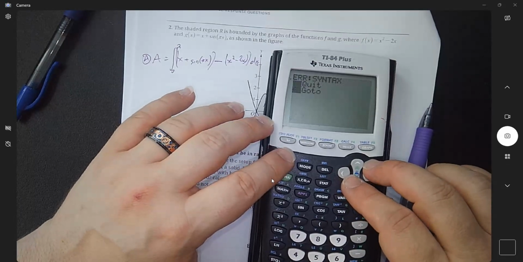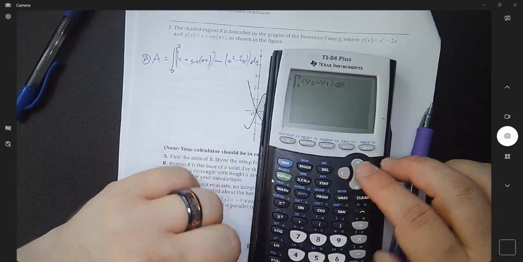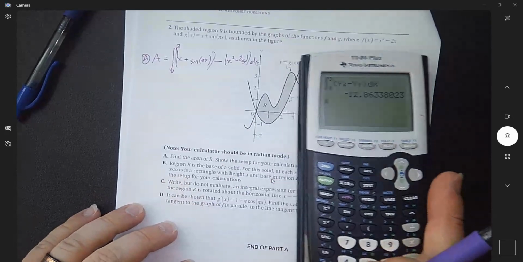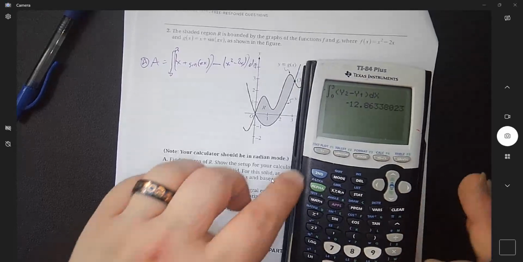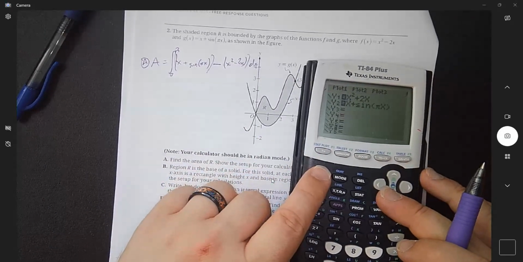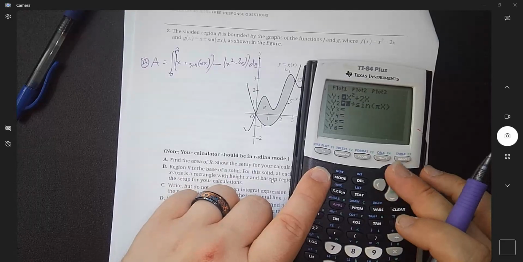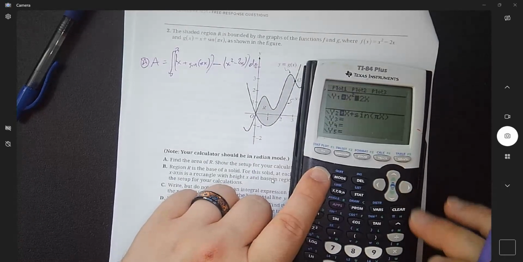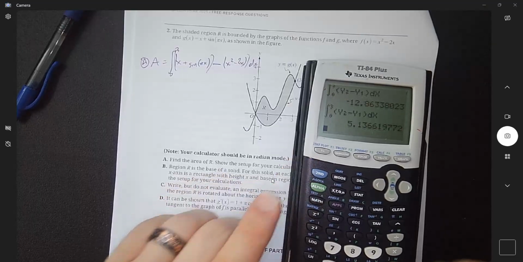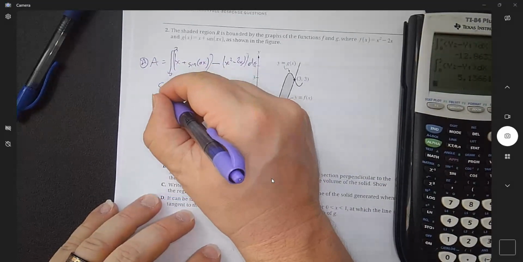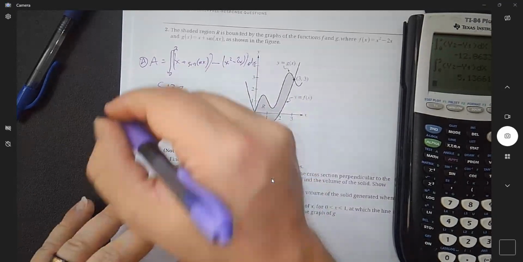Oops, I did not put my x there. Okay, so what do we got? Negative 12. What did I do wrong? Hold on a second. X plus sine, oh, there's supposed to be a minus here. Sorry. Okay, so let's get this correct. 5.137 is the area.